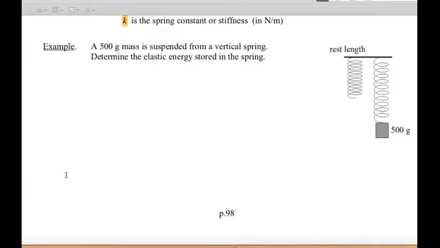And once we have it attached to this mass, we're going to say we've stretched an additional 12 centimeters. Those aren't given in the question, but that's what I'm working with here. So the total length of the spring with the mass attached would be 49 centimeters. And our mass, of course, is 500 grams or half a kilogram.